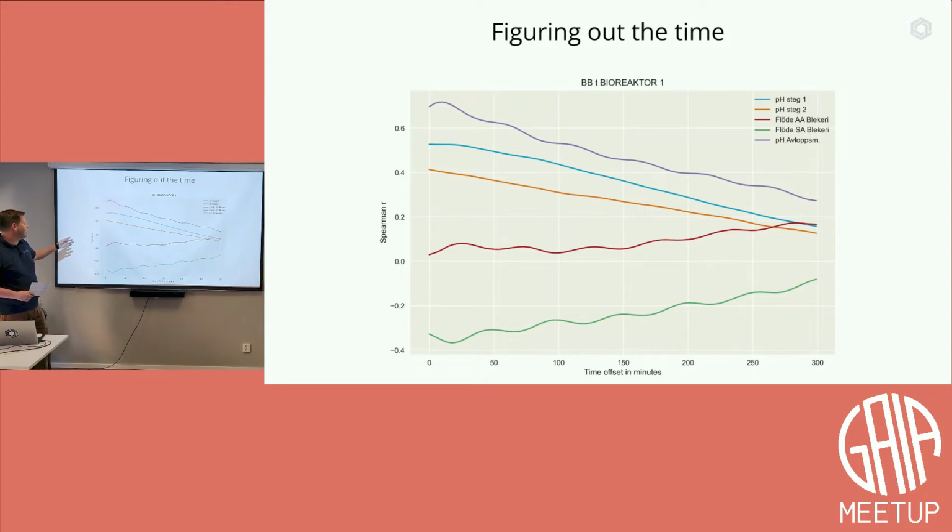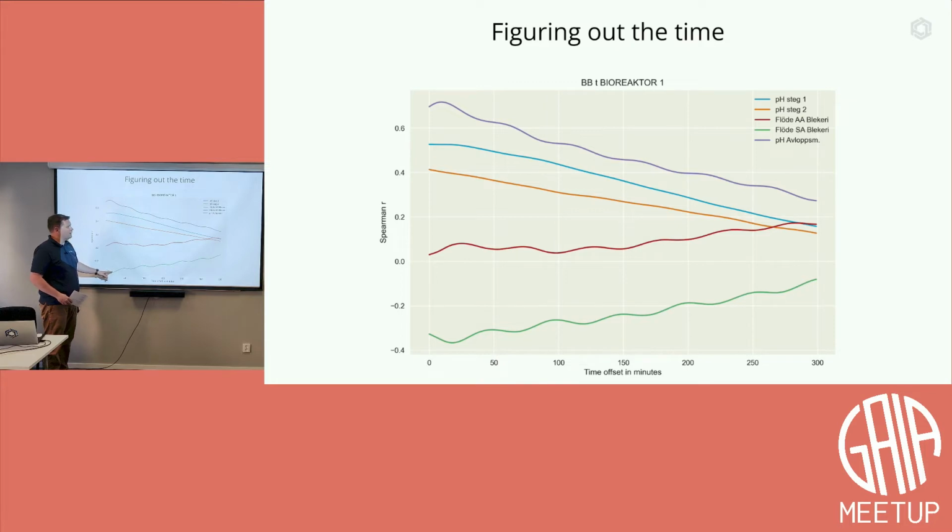This is a Spearman R correlation between the target pH value and the different inputs, like the pH of the alkaline, the pH of the sour, and the flows. We want maximum correlation, and it happens here about 20 minutes in.